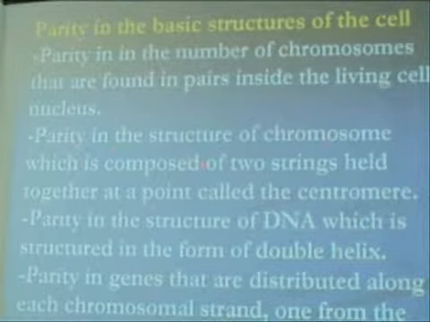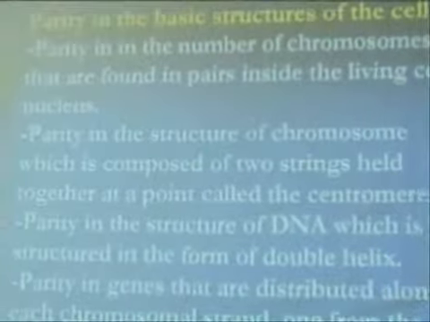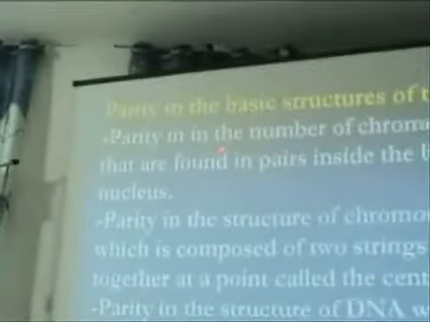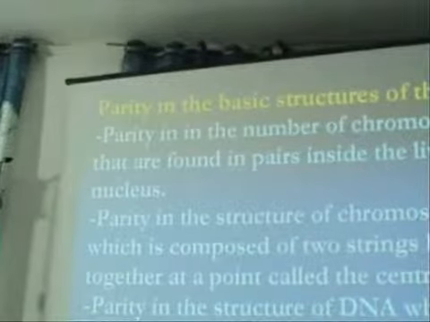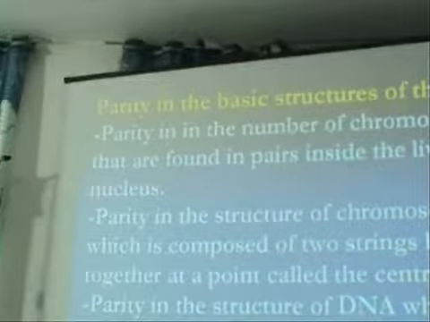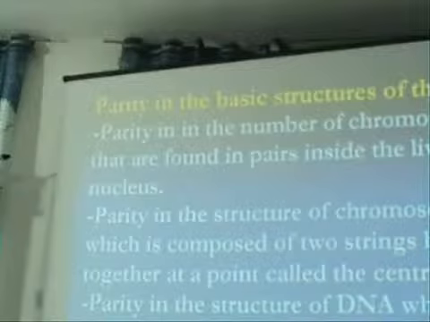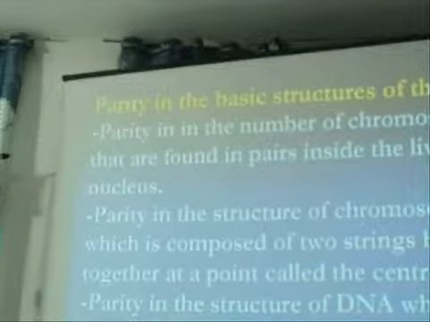Parity in the structure of the chromosome. We are talking about the number of chromosomes that are found in pairs inside the living cell nucleus. For example, how many chromosomes does a human being have?